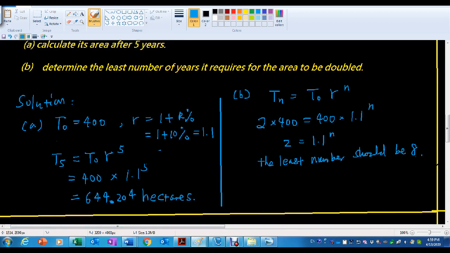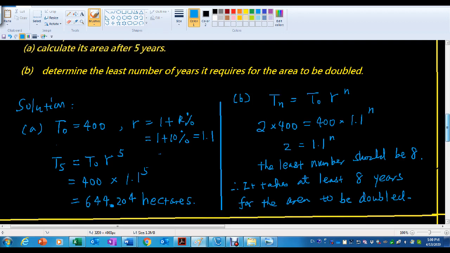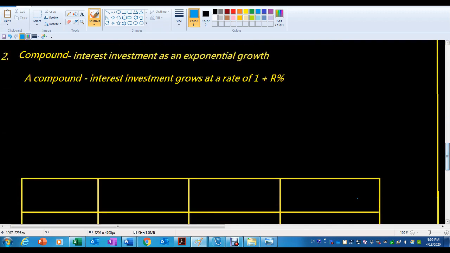That means it takes at least 8 years for the area to be doubled. Okay, so that will be the second part of our question.